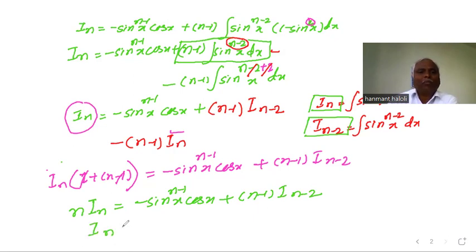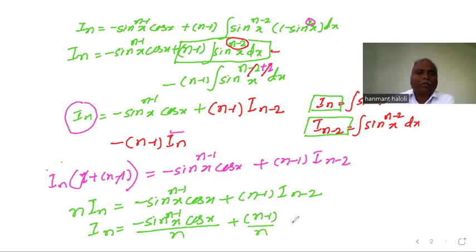In equals, dividing both sides by n, minus sin raised to n minus 1 x cos x divided by n plus n minus 1 upon n into I n minus 2, and this is called the reduction formula for the integral of sin raised to n x. And this is for the indefinite integral, where limits are not given.